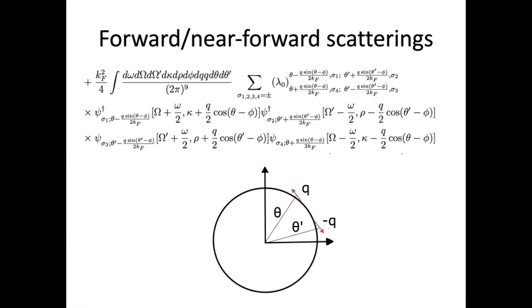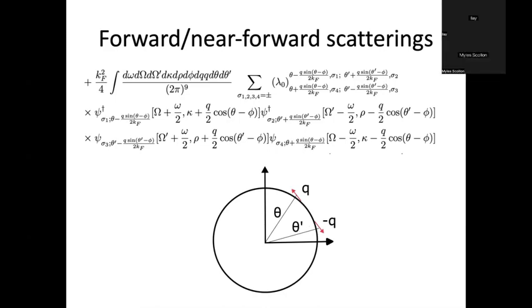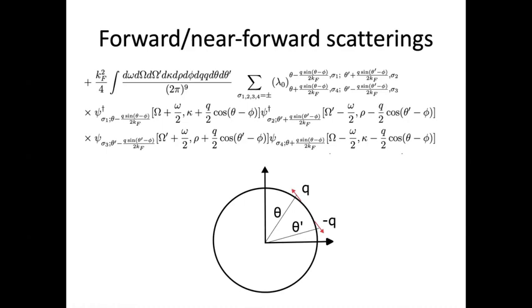Again, following Shankar's scheme. The first one is the forward scattering, where electrons, say, at angle theta and angle theta prime interact without exchanging momentum. That's the forward scattering that was included in the Fermi liquid theory.